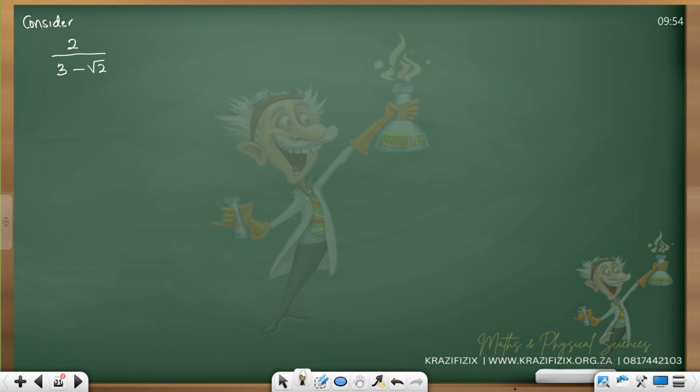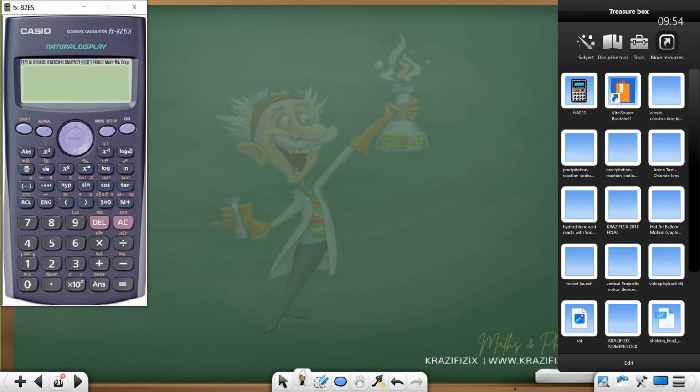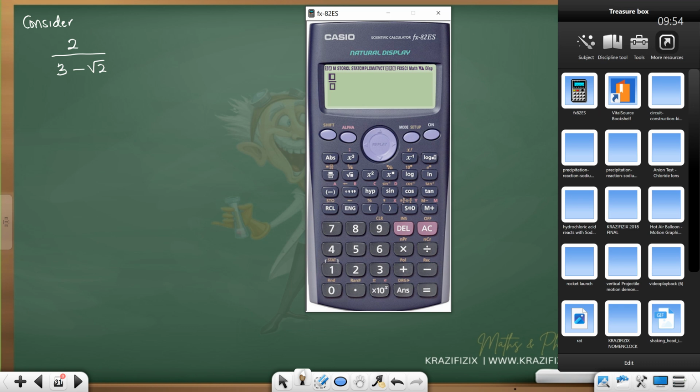Your calculator will not allow you to do this. Let's check. If I punch this in a calculator, won't it be the same? Do you see your calculator automatically got rid of the root at the denominator? Now the examiner is going to tell you to get this same answer without using a calculator.